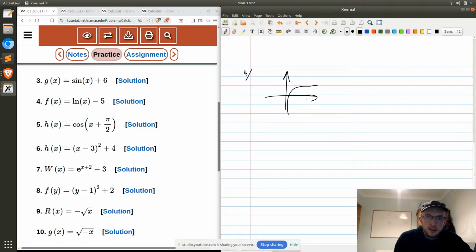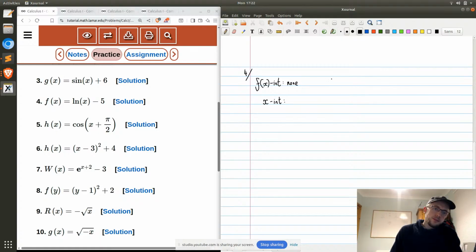And so translated downwards by 5 units. So what can I say? Vertical axis has no intercepts. The x-axis usually it would pass through 1, 0, because the natural logarithm of 1 is 0.